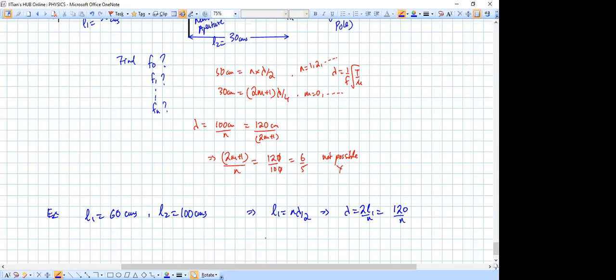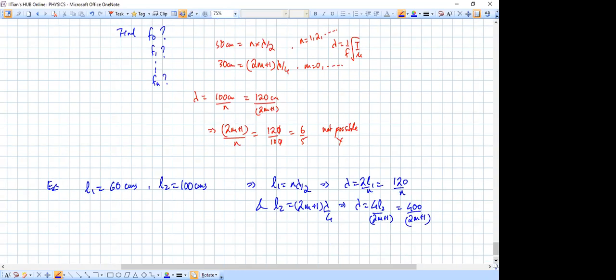So L2 should be an odd multiple of lambda by 4. So put L2 as 100. So lambda will become 400, that is 4L2 by an odd number. So hopefully this time we should get some solution.